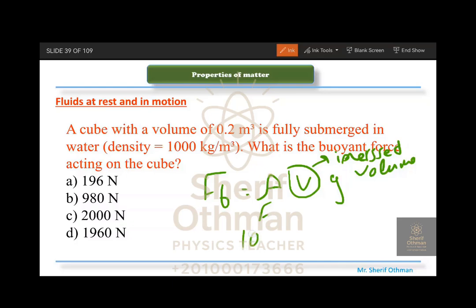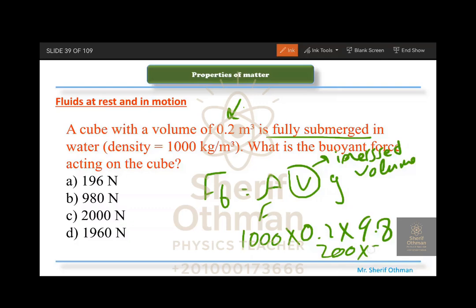Rho is 1000. The cube is fully submerged, so I will take the whole volume, which is 2, multiplied by 9.8, which means 2000 multiplied by 9.8. So the answer is 19600 Newton.